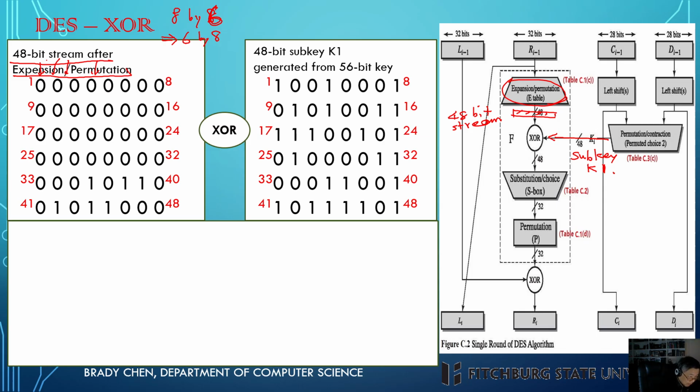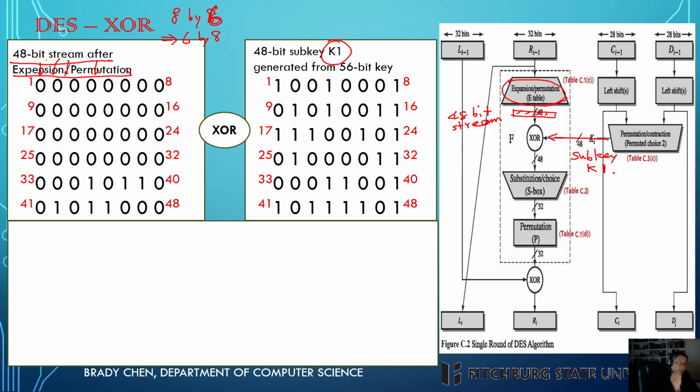Now, the other side is the 48-bit subkey called K1. It's originally generated from the 56-bit key and then uses the permuted choice. Eventually, we get the 48-bit subkey. Now, at this moment, don't ask me how we get this number. We will talk about this later, okay? Because we already know what the key was, right?